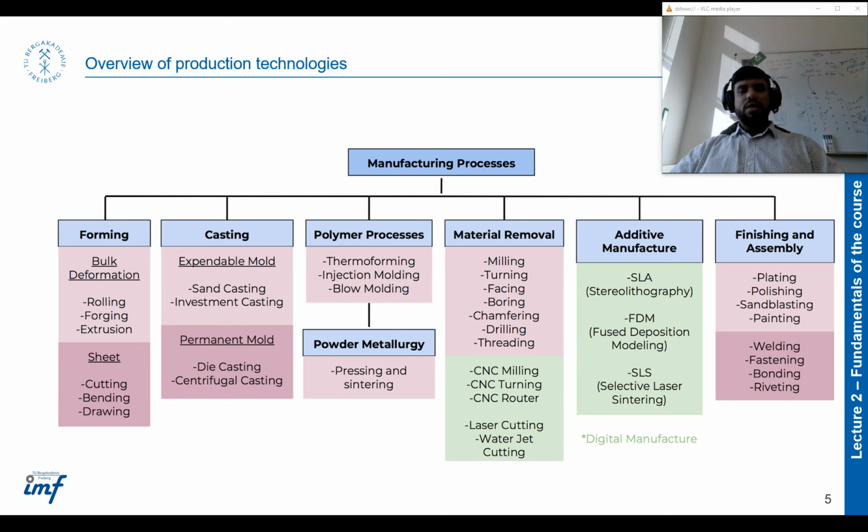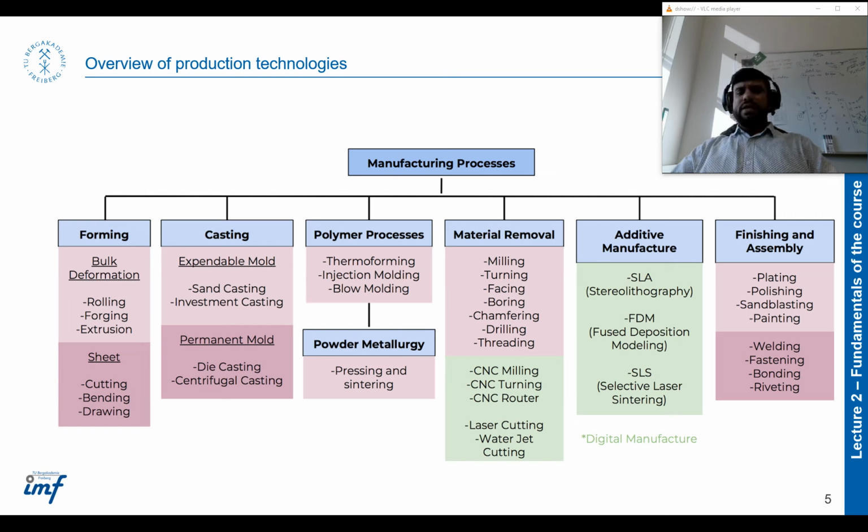forming. These are generally the bulk deformation categories, where the casting is usually related to the material manufacturing after melting of the material and then resolidification in the desired shape. And forming is basically converting that material, shaping that material in the form of wires or sheets, or then converting those wires or sheets into desired shapes by applying loads in different directions.